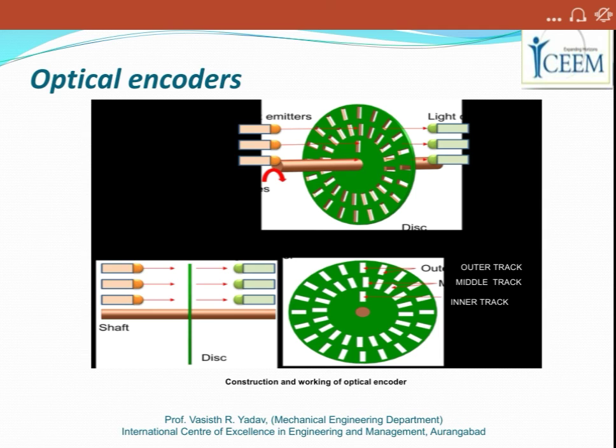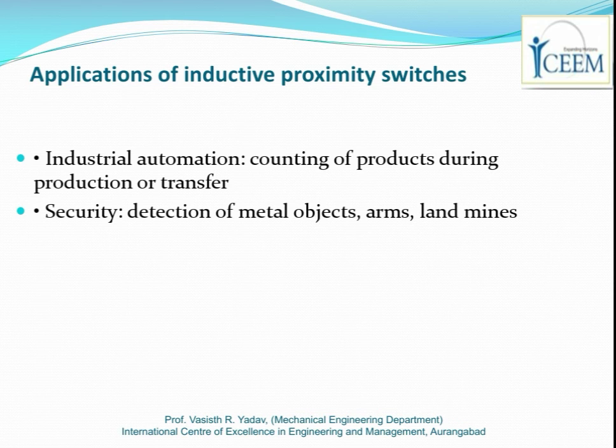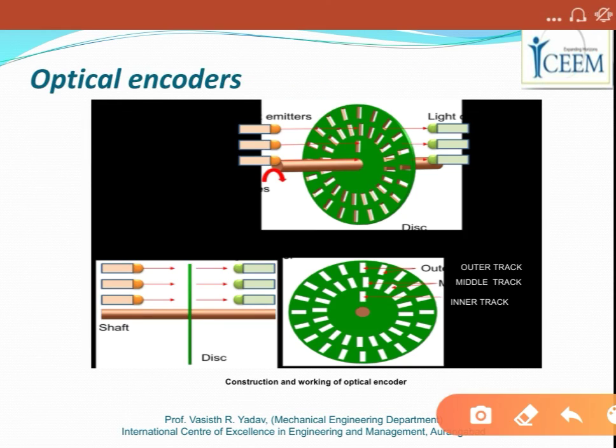Now talking about the inner track, it has just one hole, which is used to locate the home position of the disc, right? So this inner track is only used to locate the home position.